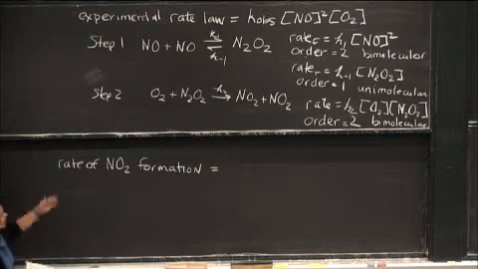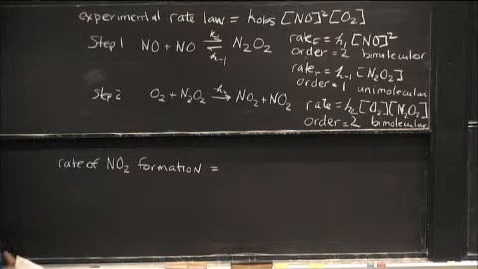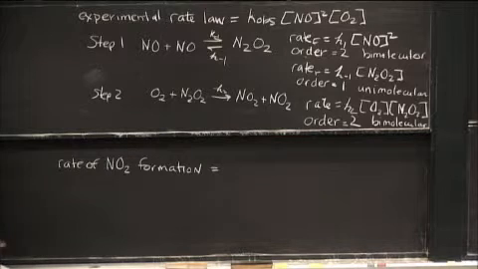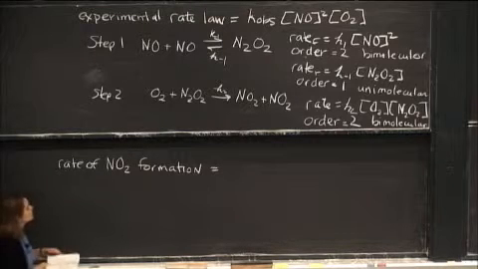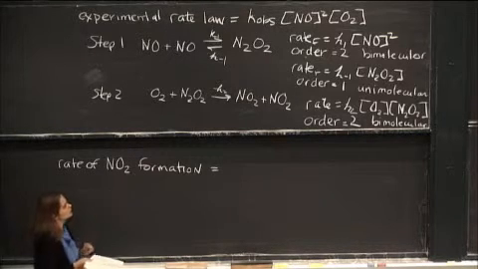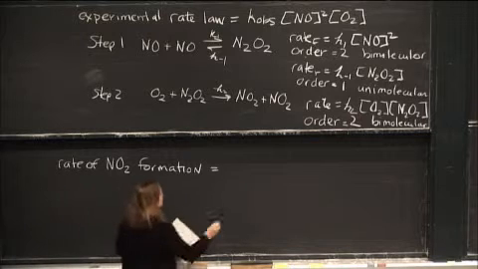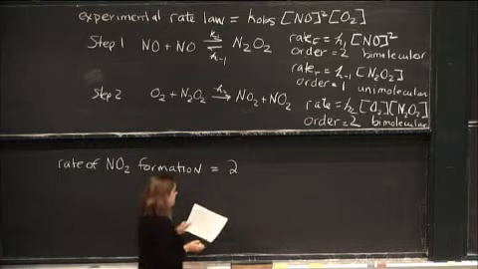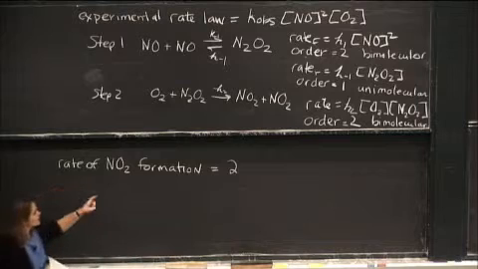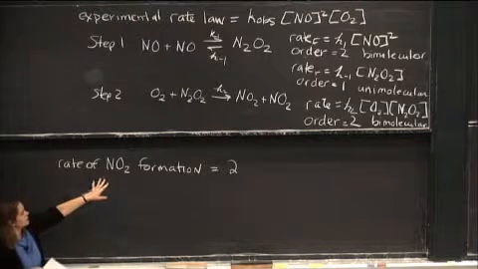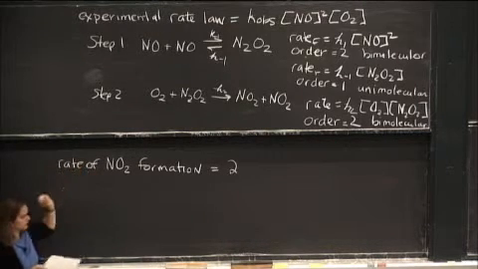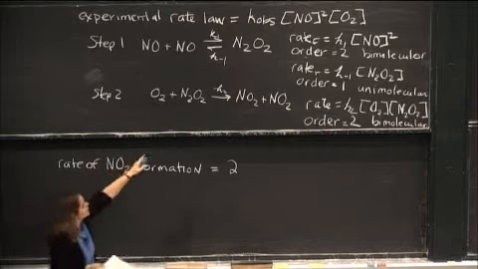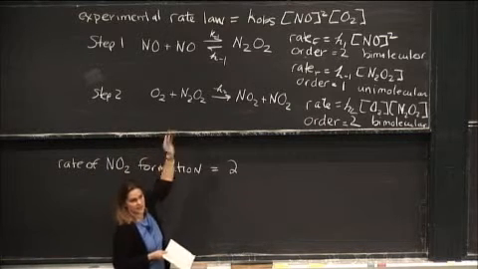So in the last step, we're forming NO2, and we can just use that last step to write this out. We're forming 2 molecules of NO2. So we're going to put a 2 in there because the concentration of NO2 will increase twice as much as the amount decreased.